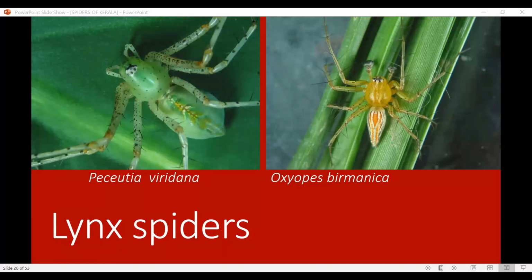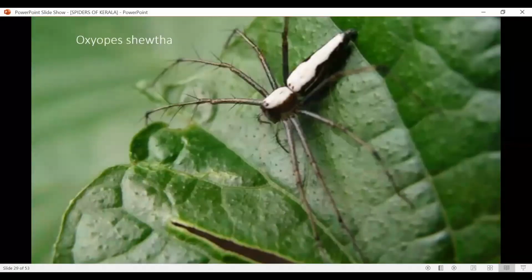There are only one or two species of Peucetia, but there are several species of lynx spiders, or Oxyopes. Here you can find two examples. One is Oxyopes birmanicus, and this is another beautiful one, Oxyopes shweta, quite common in our locality. I think in all parts of the Western Ghats you can find both these species.